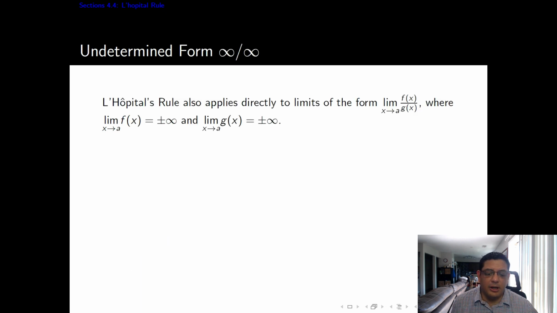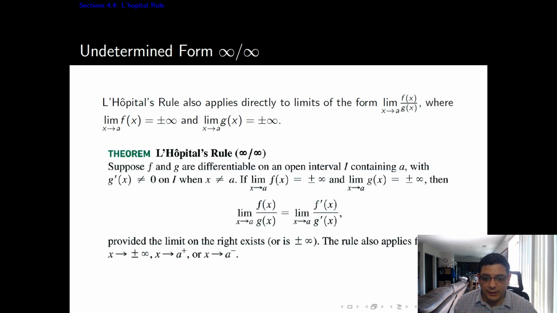Now we can also do the same thing with infinity. If the indeterminate form is not 0 over 0 but infinity over infinity, we can also consider the case of the derivative, and it works pretty much the same as for 0. Notice that if something is going to infinity, 1 over that function is going to 0.